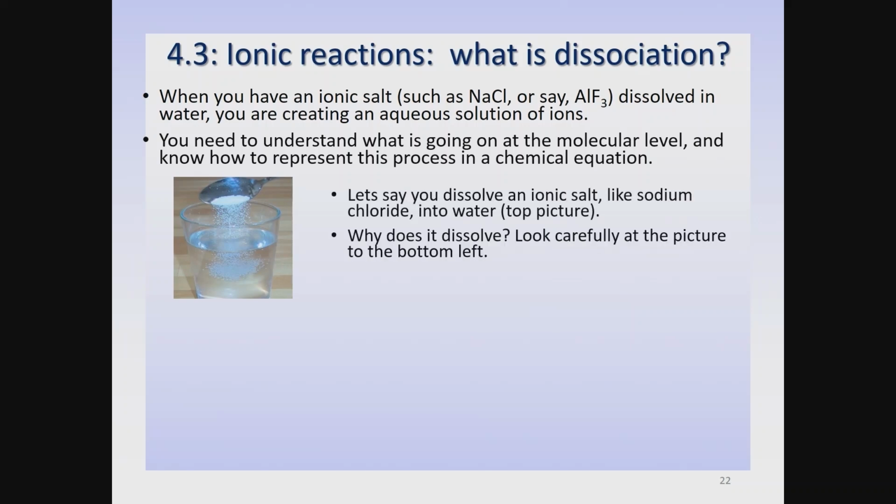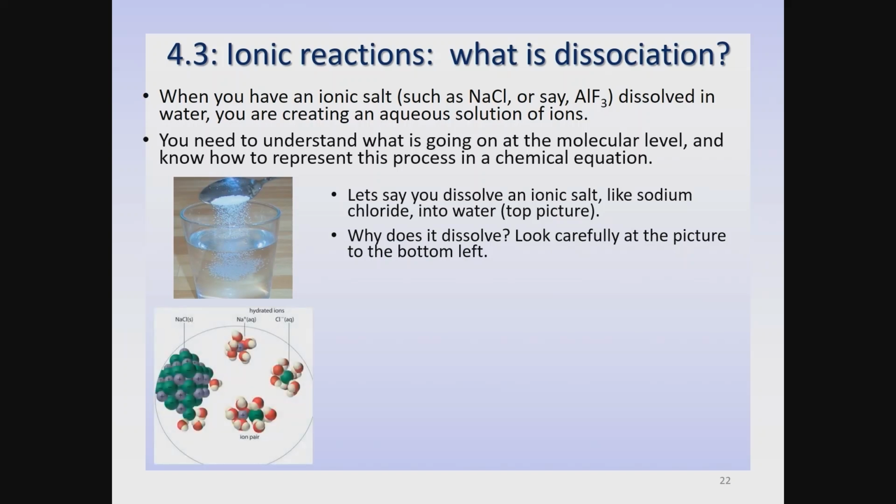What you probably will see as it's dissolving is that the crystals basically disappear. And that reflects what's going on at the molecular level: individual ions in these crystals are being yanked off by water molecules, and they're being separated out. And that process is called dissociation.